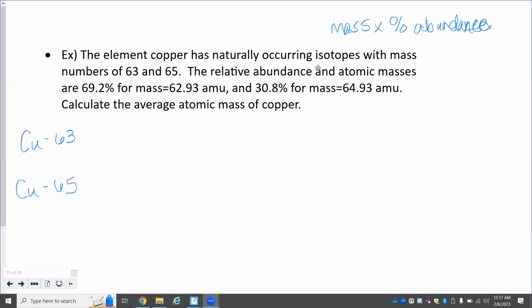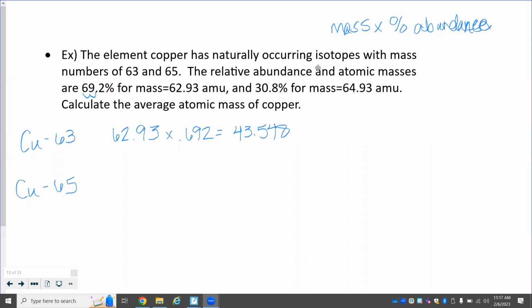So copper 63 has an actual mass of 62.93. Its percent abundance is 69.2, so move the decimal back 2 spaces. That's 0.692. So when we multiply those together, we get that that isotope has a relative mass of 43.548. I'm going to keep several decimal places.